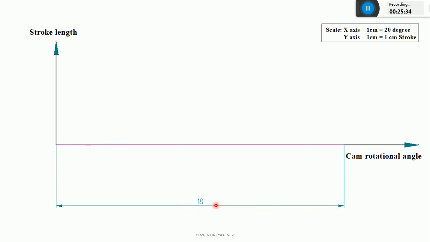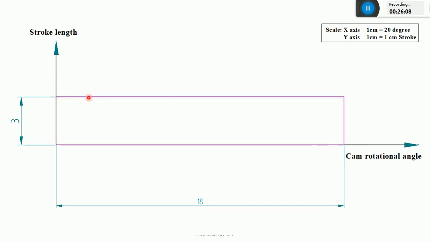Along the y-axis is the stroke length, meaning the distance traveled by the follower. I'll take the scale as 1 centimeter equal to 1 centimeter of stroke length. What is the maximum distance traveled by the follower? The stroke length is given, 3 centimeter. So I'll indicate 3 centimeter along the y-axis and complete one box.